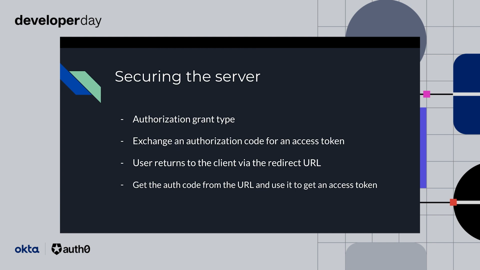There is a chance that the auth code could be intercepted. So if an auth code is intercepted, there's nothing to tell the API server or the authentication server that this isn't the same user that made this original request. If the auth code is intercepted by some outside party, they can exchange that for an access token and use that token to update account information, to get a bunch of personal data from a certain account.